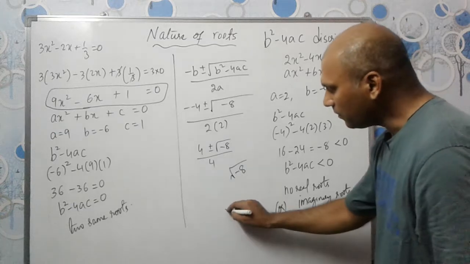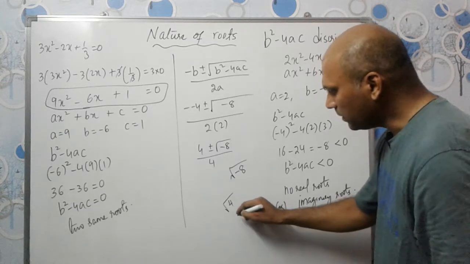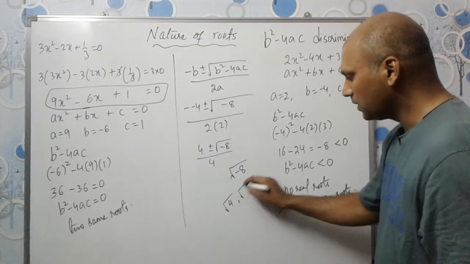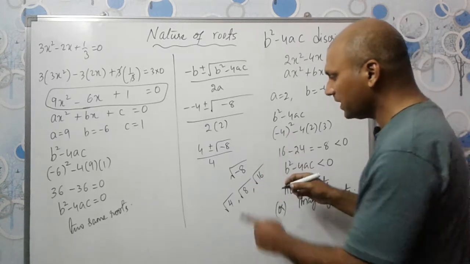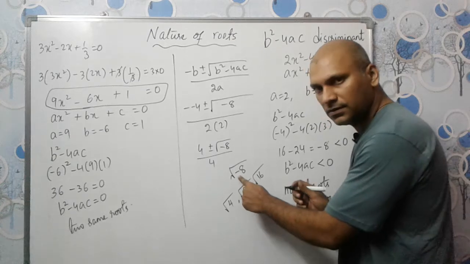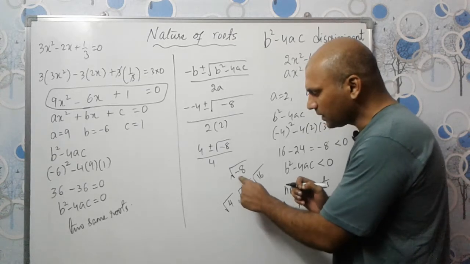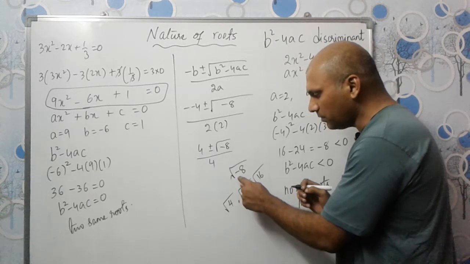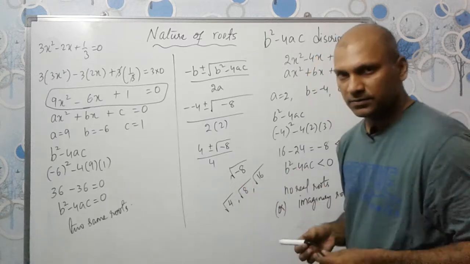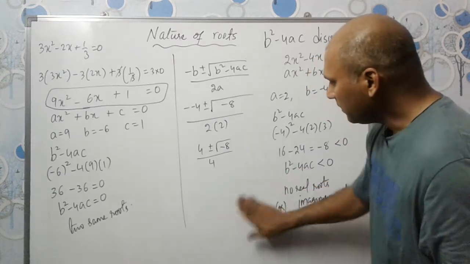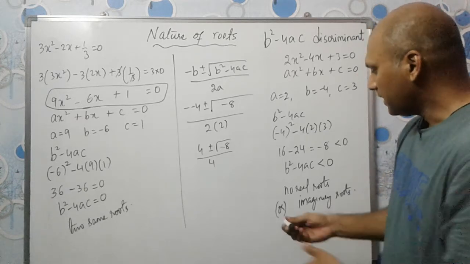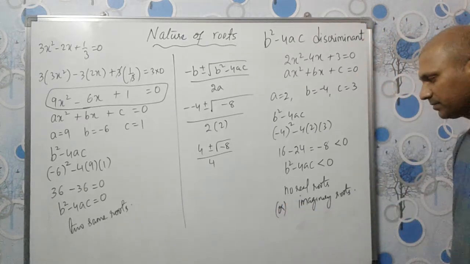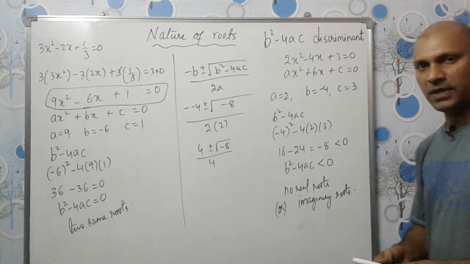Until now we have come across numbers like this, plus 4 in the root, plus 8 in the root, plus 16 in the root, etc. But we never came across something like this in the 10th standard. You will learn this concept about imaginary roots in the intermediate. Okay, so can we find real roots of this? No, we cannot find. Hence the roots are imaginary. So no real roots, or we can say imaginary roots.